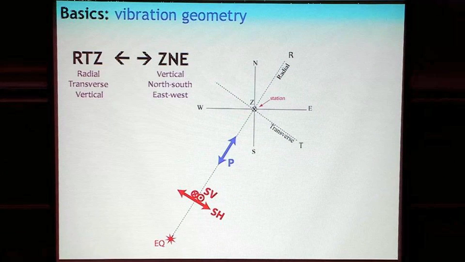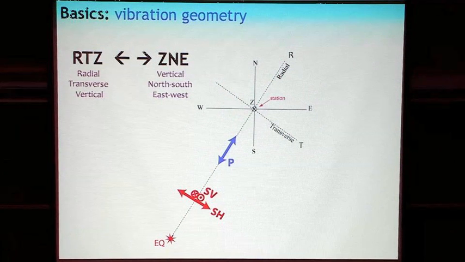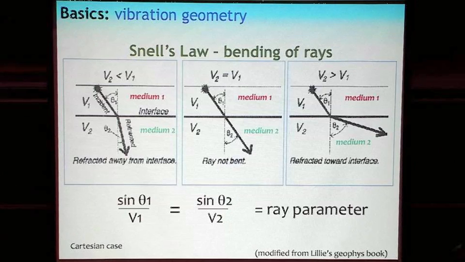When you get to the surface, the radial, the R, is the horizontal component of that. So sometimes that gets a little bit lost. They are orthogonal components of motion, but R does not equal SV.